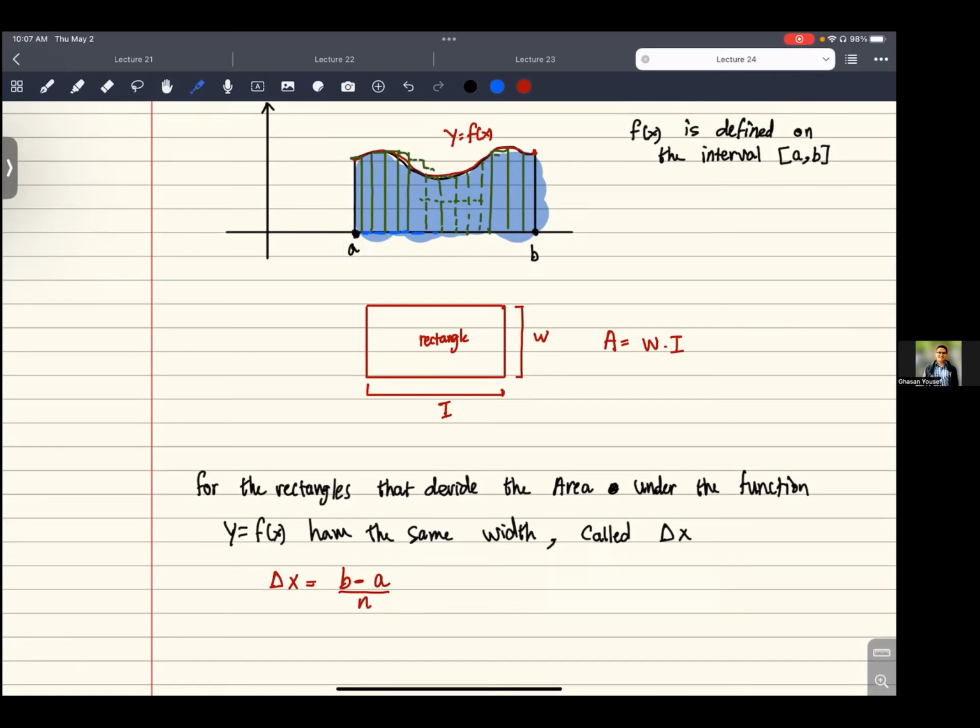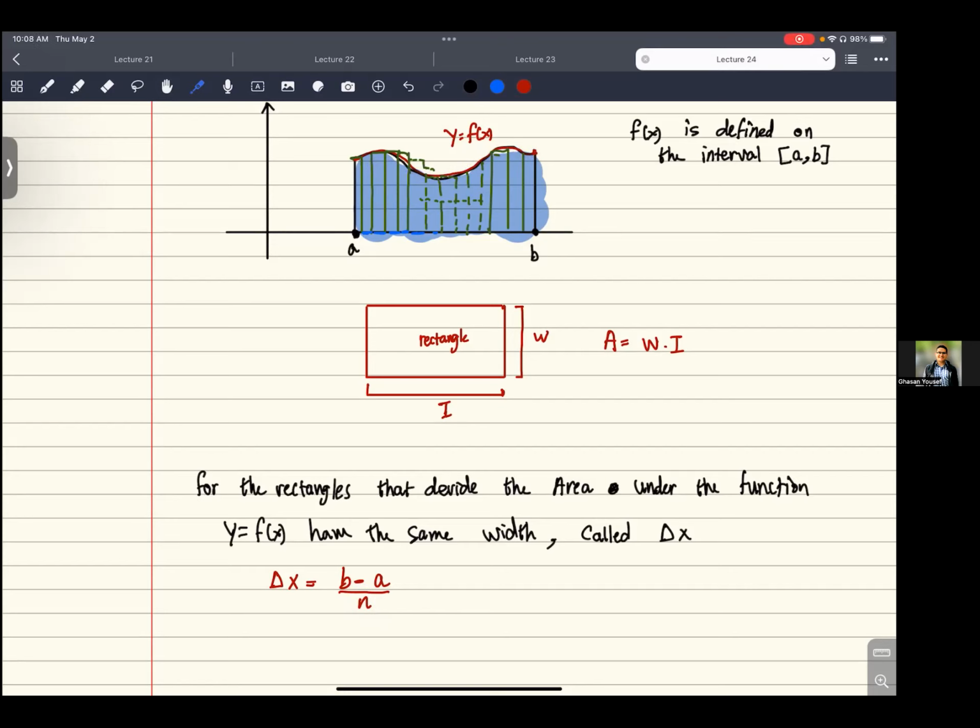If I needed to divide it up to 4 rectangles, I divide it by 4. If I want to divide it by 3 rectangles, I divide it by 3. It depends how many rectangles you want to divide the shape under the curve into.